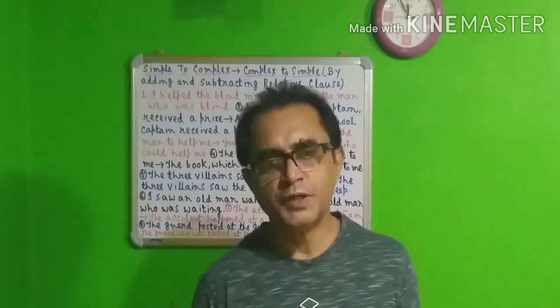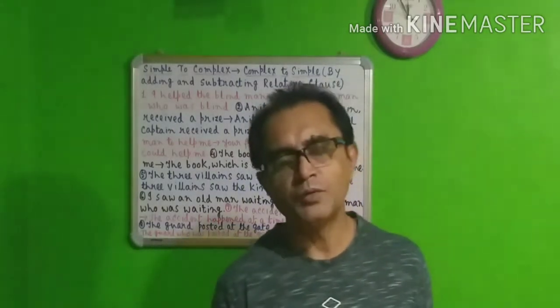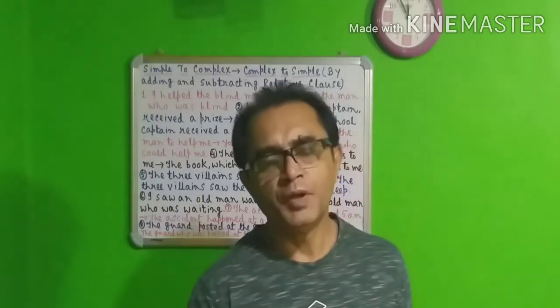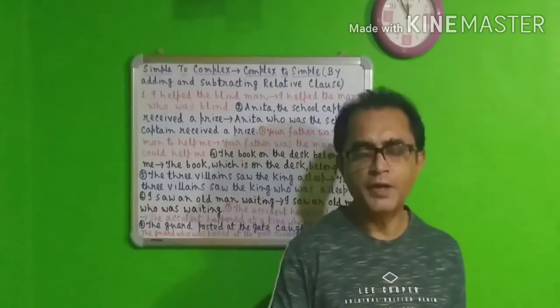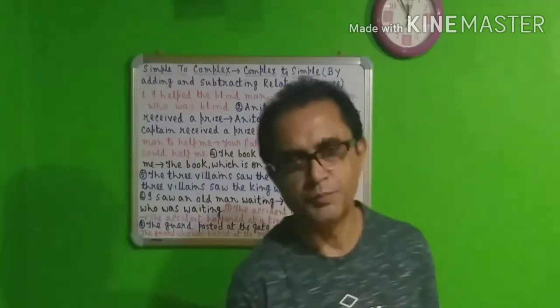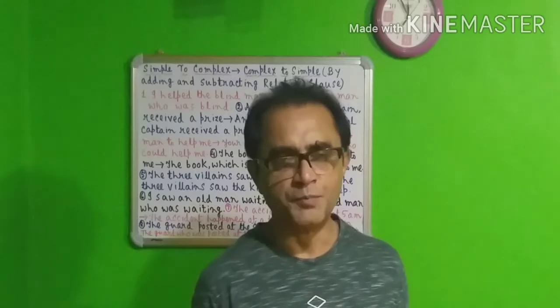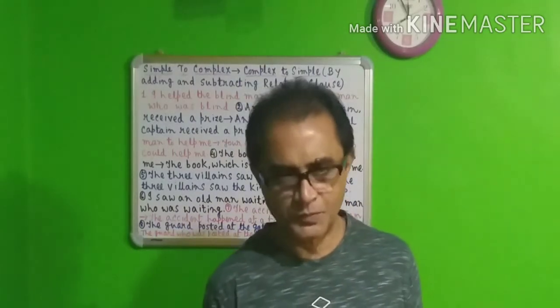That means in a complex sentence you will find one main clause and maybe one relative clause, or one main clause and maybe one nominal clause or noun clause, or one main clause and maybe one adverb clause. The main clause has no division, no parts. On the other hand, in a simple sentence, there is only one main verb.